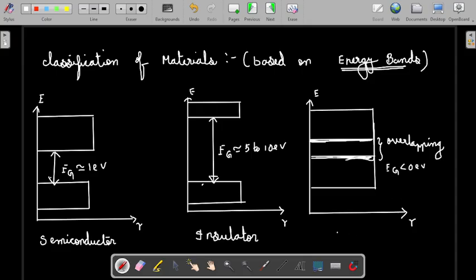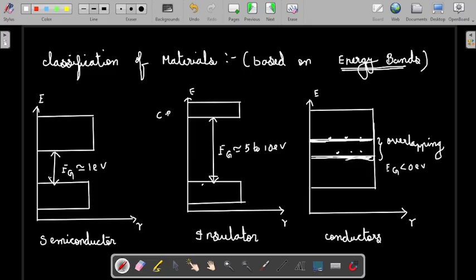So this is called a metal or conductor. Because in conductors we need not give any kind of external temperature or voltage to force the current, because automatically there is an overlapping between the conduction band and valence band. So electrons can easily jump from the valence band and produce the electricity or current movement. So that is what we have to understand from here.